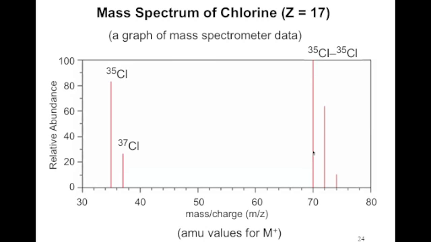So this one shows up here. The next one is at 72. So this must be due to molecules that have a chlorine-35 isotope with a chlorine-37 isotope. And then the last molecular ion has a mass to charge ratio of 74. That must be a molecule consisting of 2 chlorine-37 isotopes that are attached together.